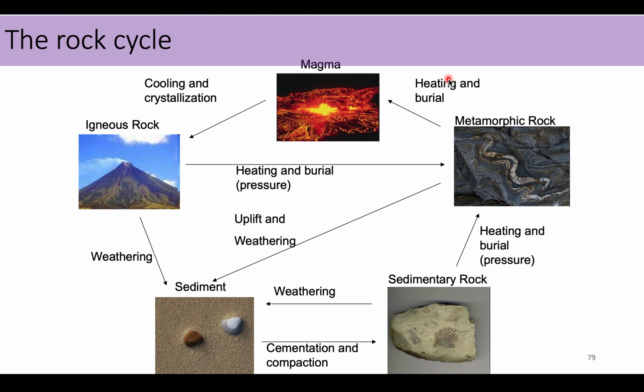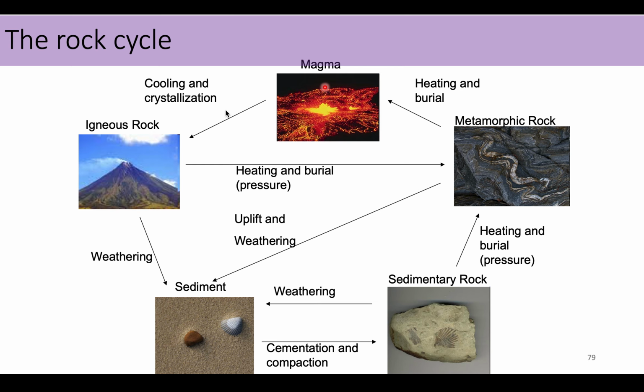So the rock cycle, it's rather complex, but igneous, metamorphic, and sedimentary rock can each become another type of rock, depending on where it is, what type of situation it's undergoing. But the rock cycle on Earth is constantly cycling.